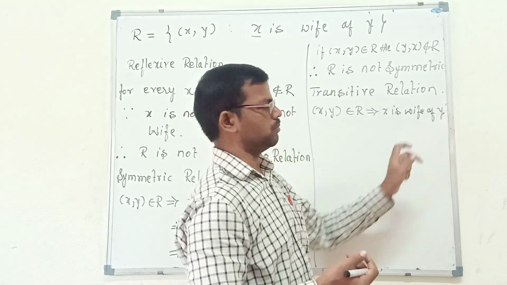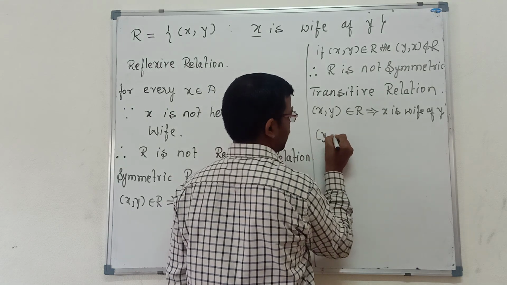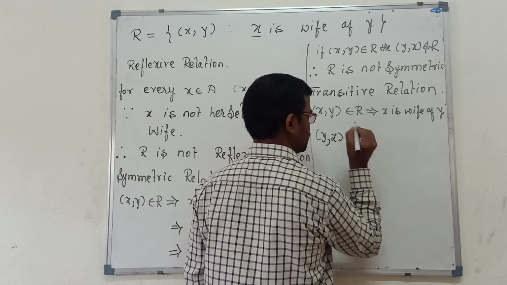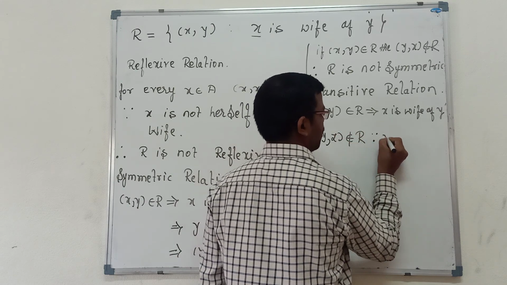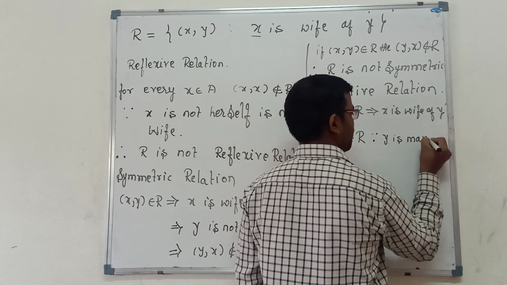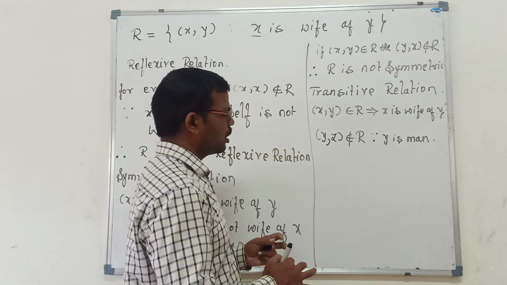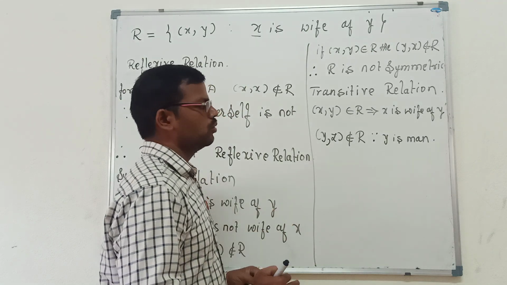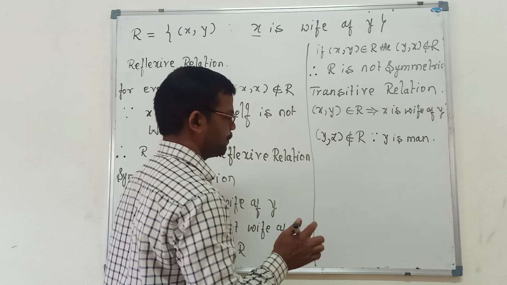It is not possible. It means we are not getting the second pair also. y comma z does not belong to R because y is a man. So if we are not getting the second pair, then we conclude it is a contradiction to our transitive property.